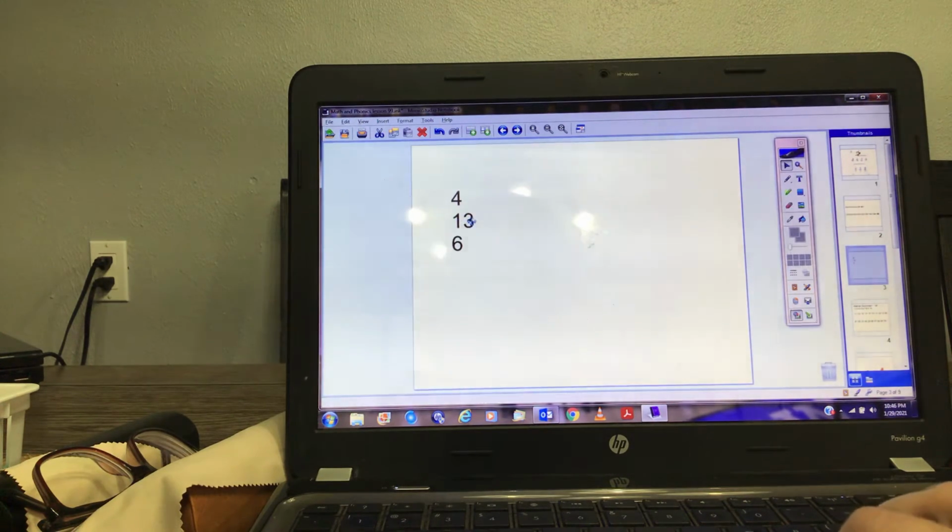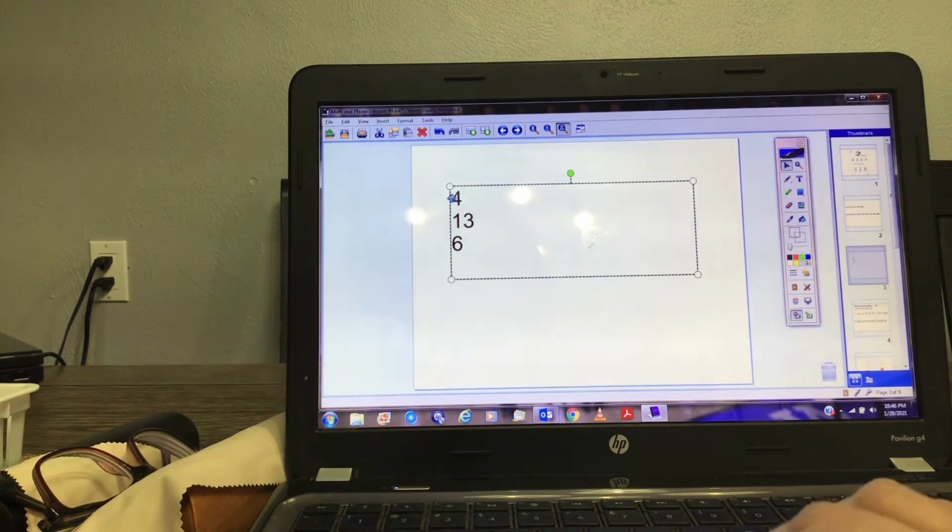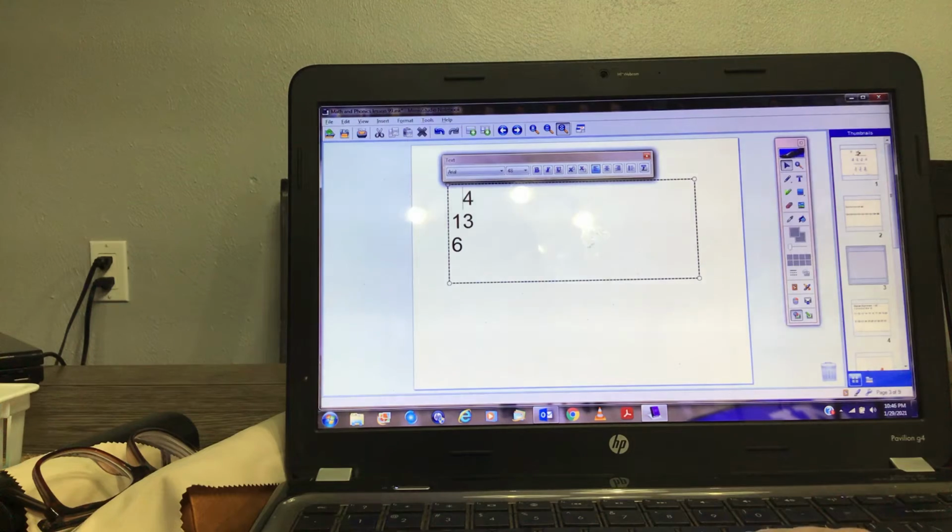Just like you have 1 and a 3. But if you have an even tens, like 10, 20, 30, 40, 50, 60, 70, 80, 90, 100, then your 0 is just going to hold the spot, right? Or if this needs to be 4, then I would put a 0 right here, wouldn't I? Yes.